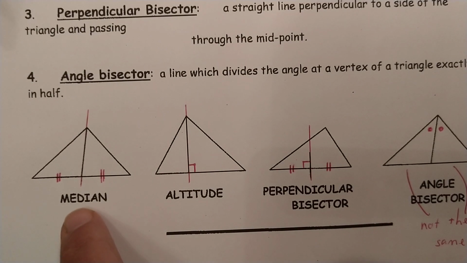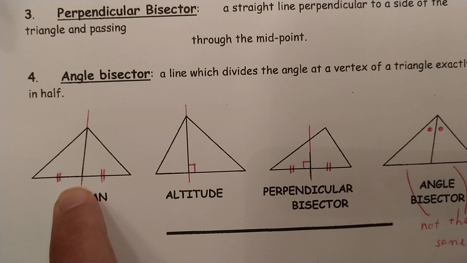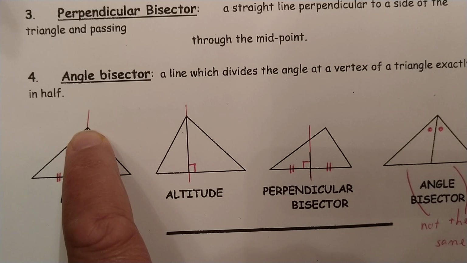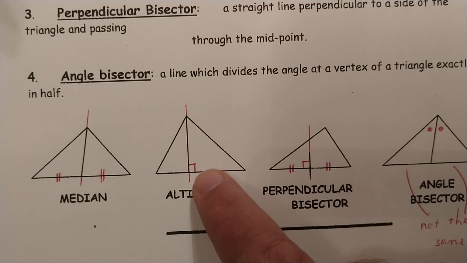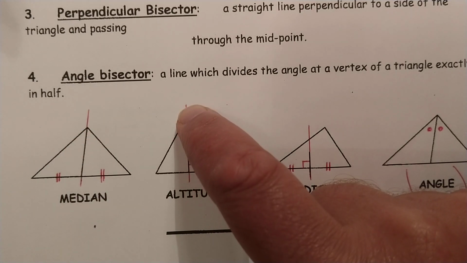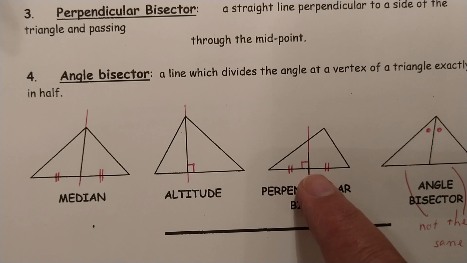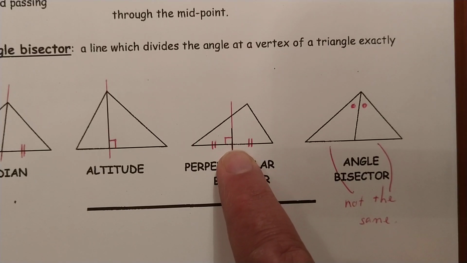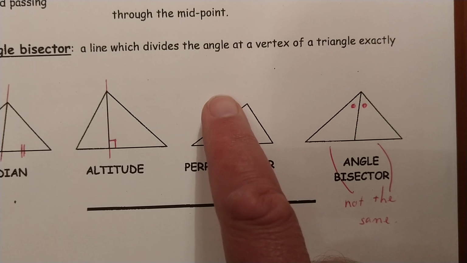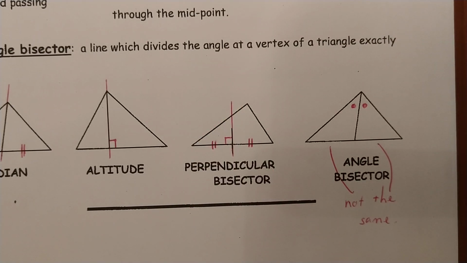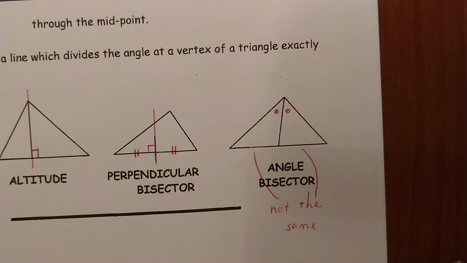We can draw medians from the midpoint to the opposite vertex. Altitudes at 90 degrees to the opposite side. Perpendicular bisectors through the midpoint at 90 degrees, not normally to the opposite vertex. And indeed angle bisectors.